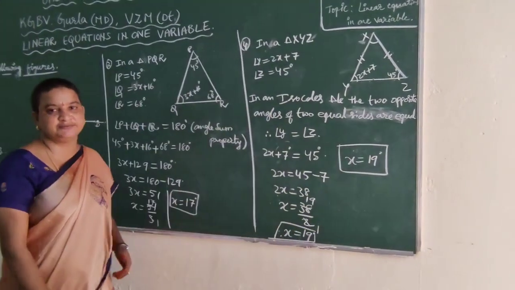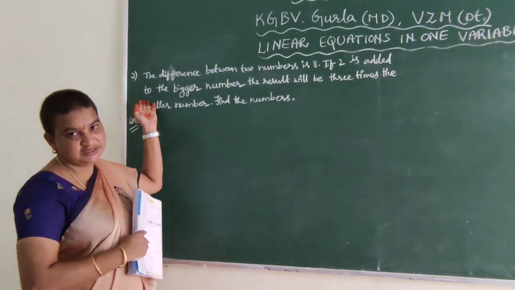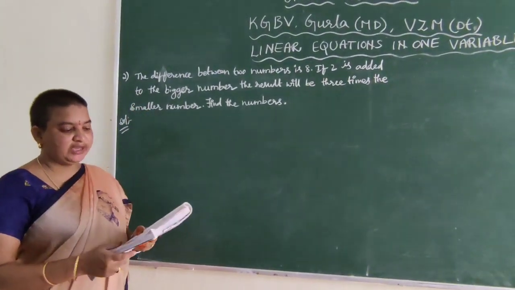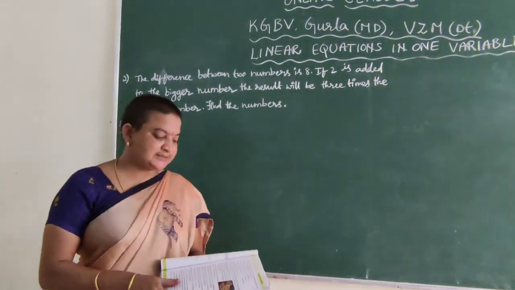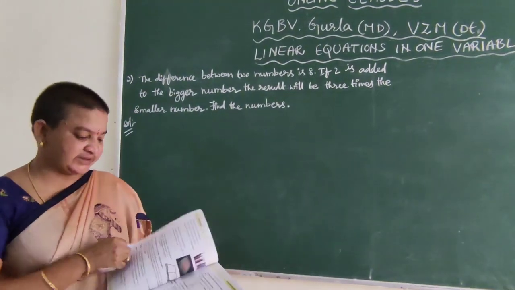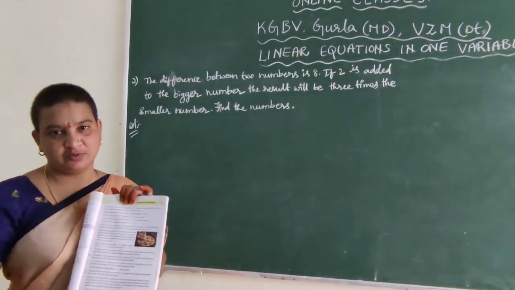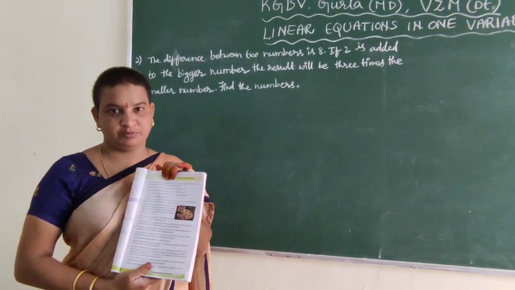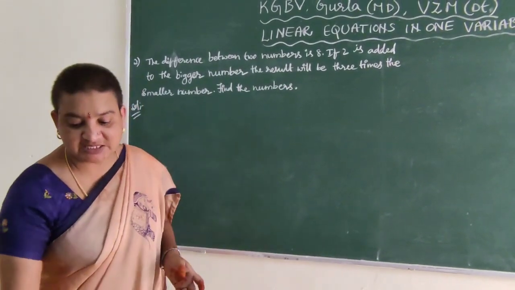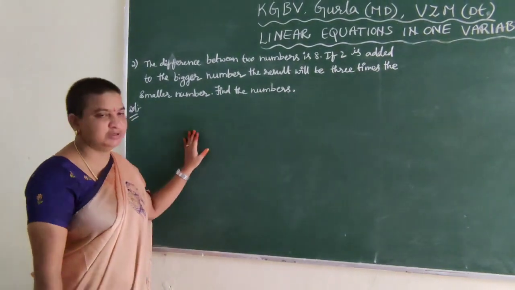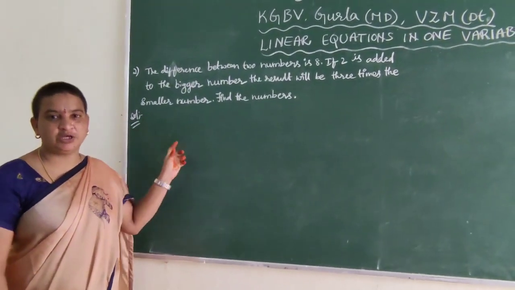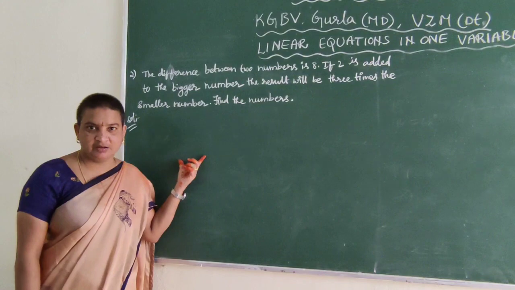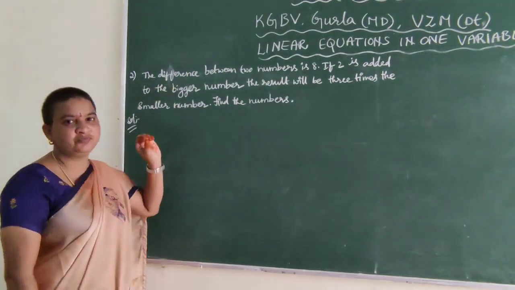Okay children. Now the second problem. Okay, in this exercise, second problem to 17th problem, all are word problems. These are related to our day-to-day life problems. Okay, before solving these problems, you have to read the problem carefully.